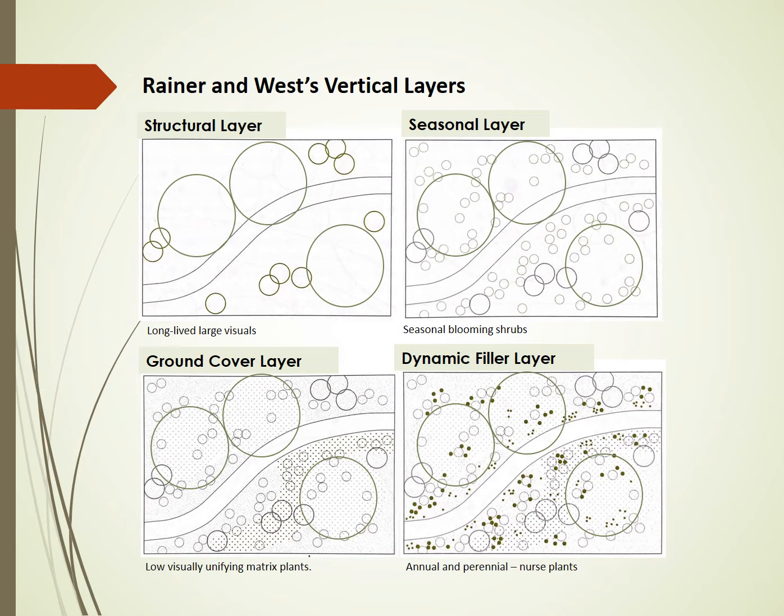And finally, there is the dynamic filler layer, a layer of annual and perennial nurse plants that can fill in bare areas during the time when other plants may be dormant or have declined. This layer can be applied as a seed mix that comes up quickly and helps to fill in areas between growing shrubs, helping them compete with weeds during establishment.